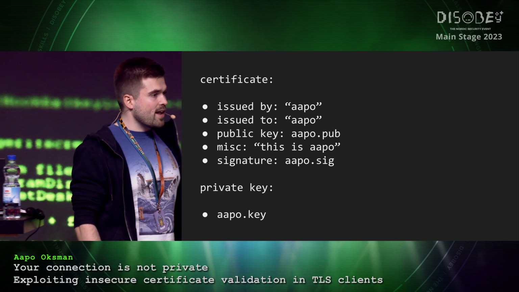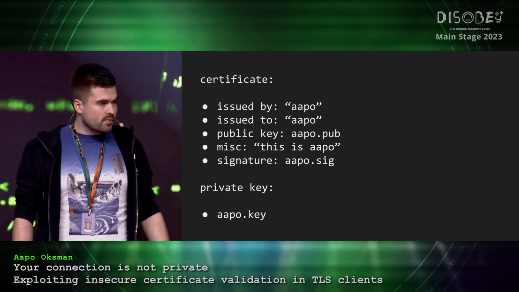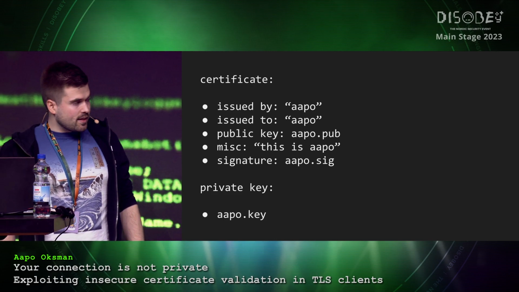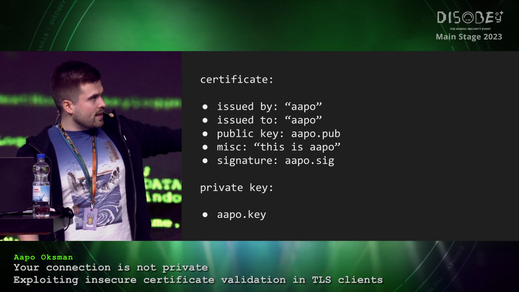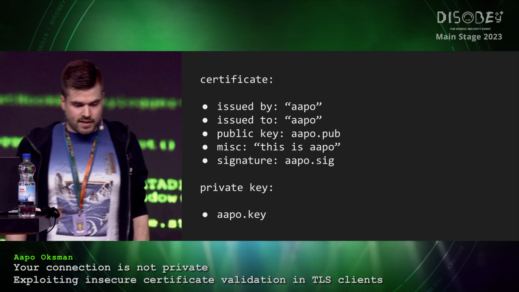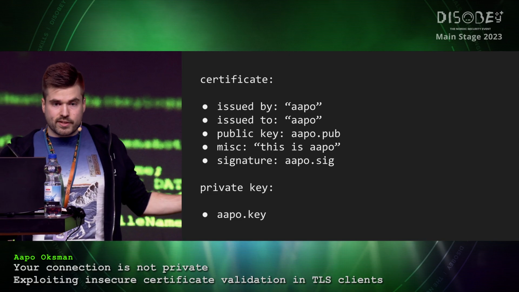So this is another file. On top of the certificate, you have this key file. And the key file basically says that if you have the key file, then you can use the public key in the certificate. So it proves that you actually own the certificate. So even if you give the certificate to someone, they can't use it without your key.